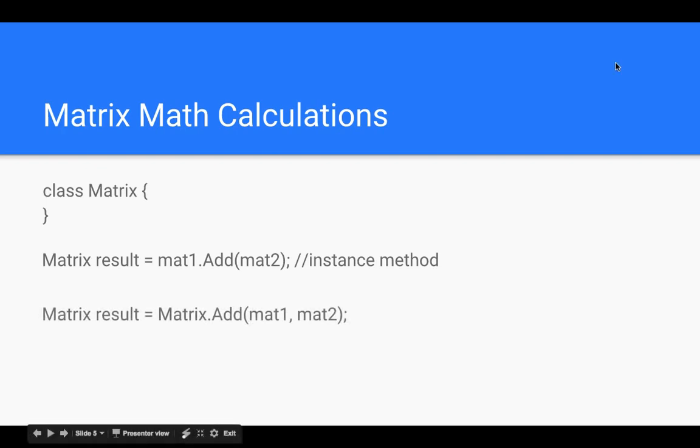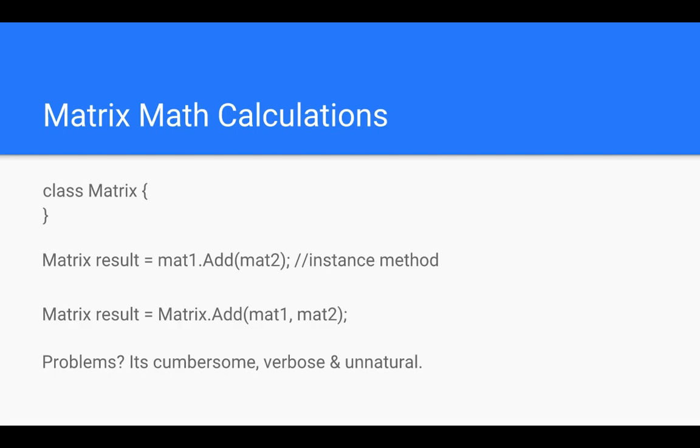Another example would be something like this: we have a static add method inside the matrix class, and we pass both mat1 and mat2 as parameters to add method, and it returns the result to the result object, which is also a matrix object.